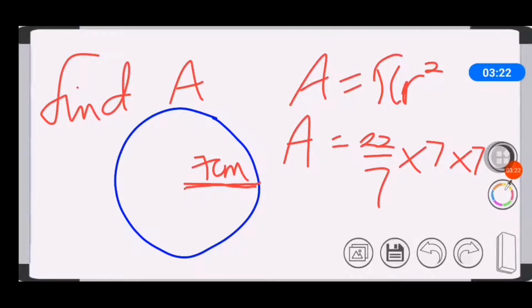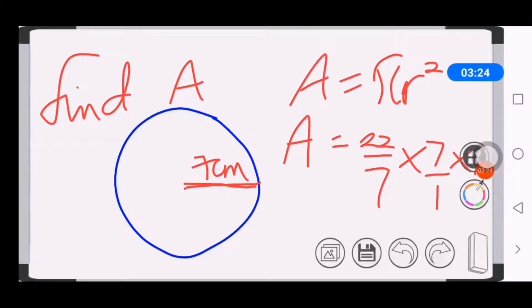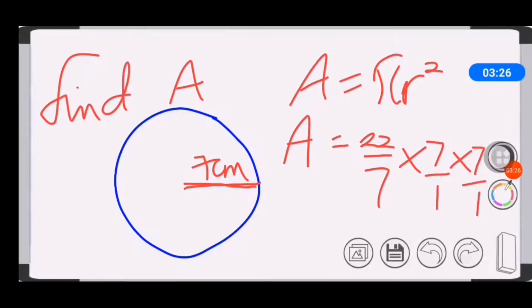Now these two are whole numbers. We can write them over 1, right? That's what we know. So we continue. Now it comes back to how you handle fractions. You can choose to multiply all the numerators, all the top numbers here, 22, 7, and 7. Then you divide by the denominators, or you can go by the method of cancellations. It actually depends on you.